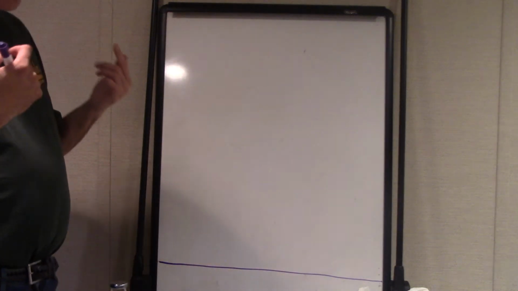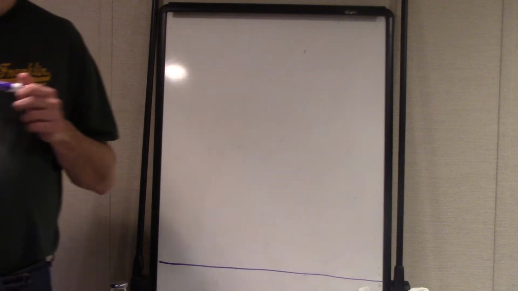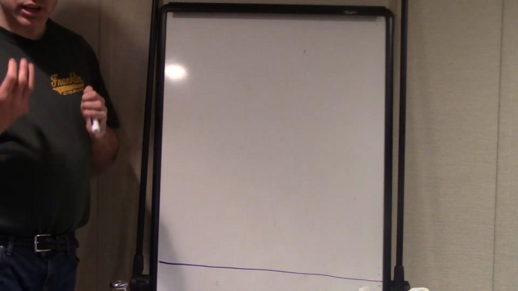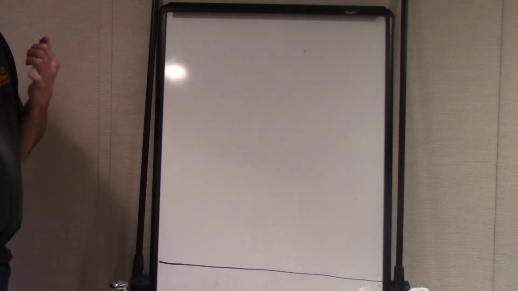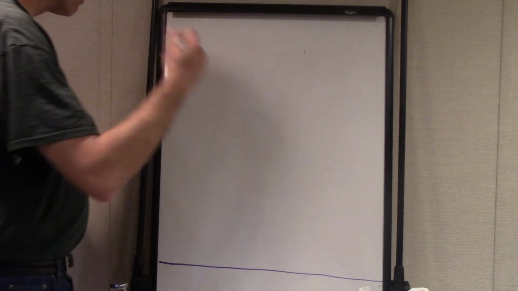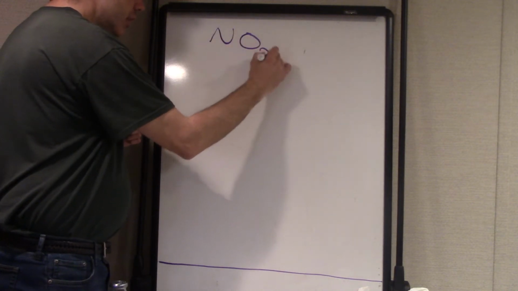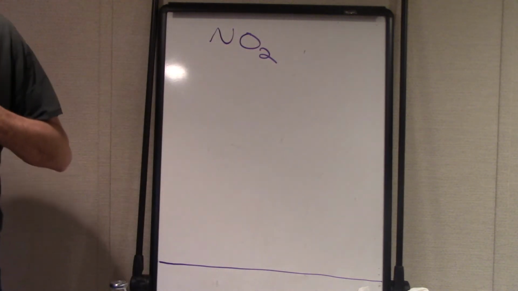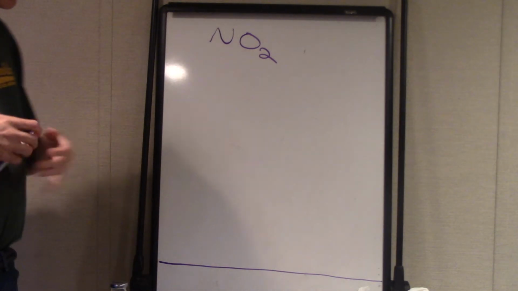So we don't have a lot of examples of that, but there are some odd number of electron molecules that are common, and we want to make sure we're able to deal with scenarios where we have an odd number of electrons. Our example for an odd number of electrons would be something like NO2. Not nitrite ion, NO2.